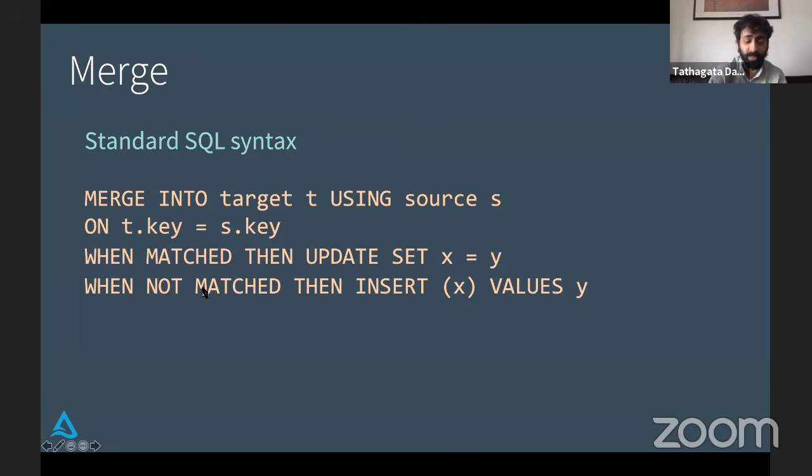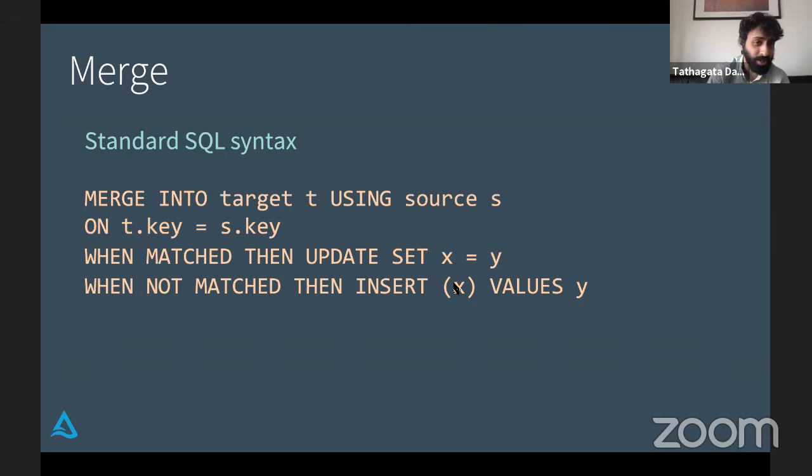If there is no match, that is, if there is a source row that does not match any target row, then you can insert a new target table row based on the source row. Now, this is standard SQL syntax.